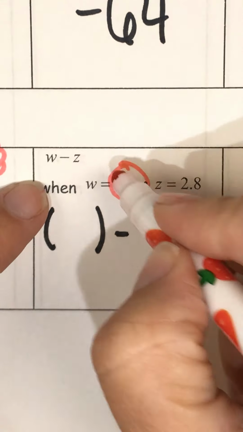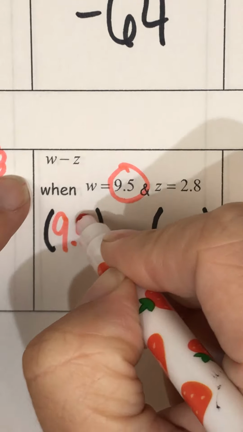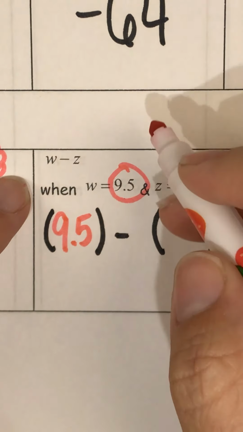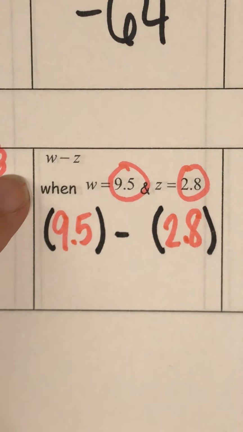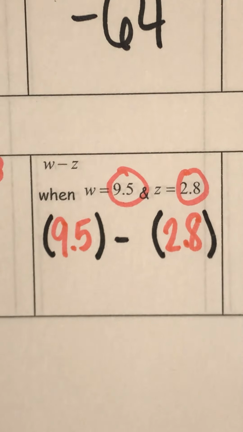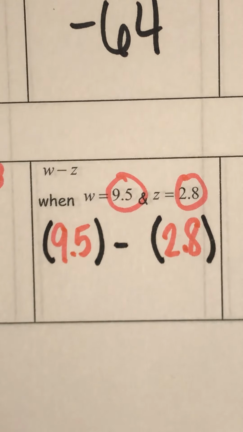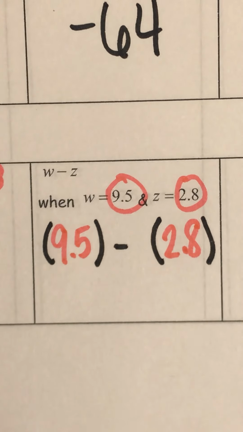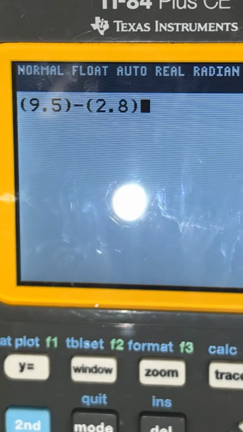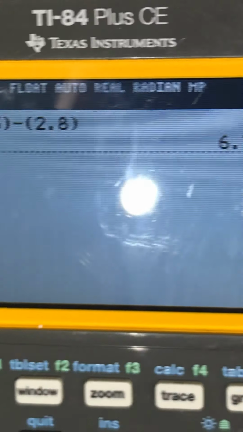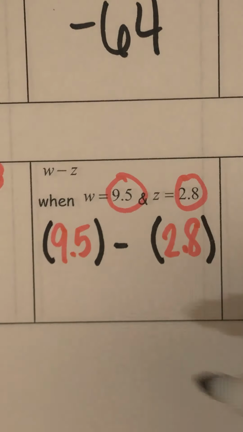W in this case was 9.5 and z was 2.8. So now I'm going to type it in my calculator. Parenthesis, 9.5, closing my parenthesis, minus parenthesis, 2.8, closing my parenthesis. Looks like this. When I click enter, it gives me 6.7.